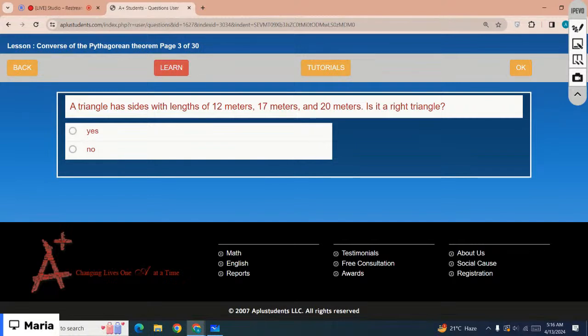Which is the correct option? The correct option is no, right?